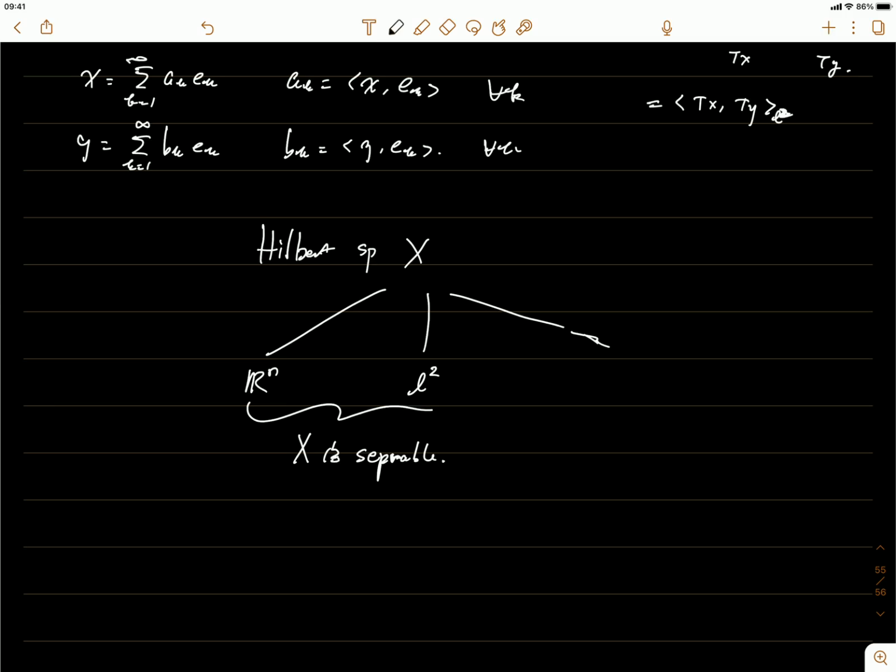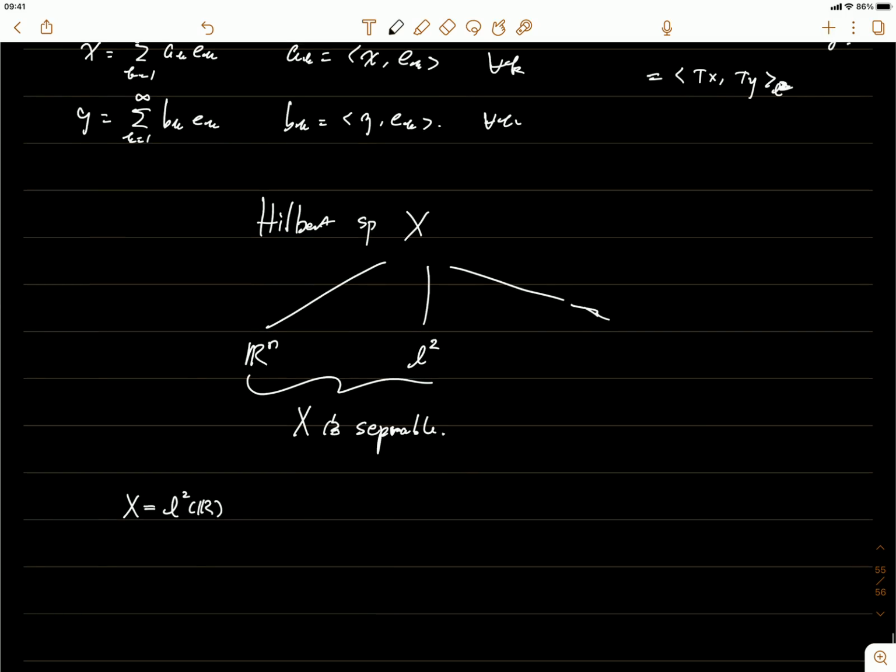We have X equals L2(R). This is not an L2 space like the previous one.